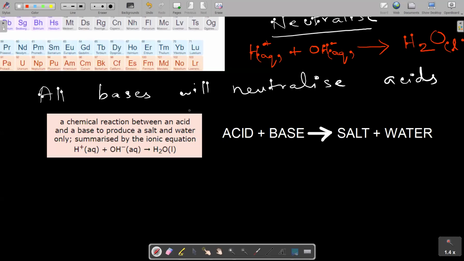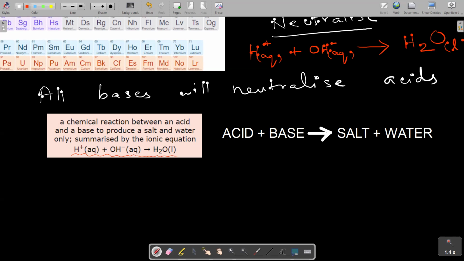This is a neutralization reaction. So what is a neutralization reaction? It's a chemical reaction between an acid and a base to produce a salt and water only. So we already saw the equation between hydrogen ions and hydroxide ions.